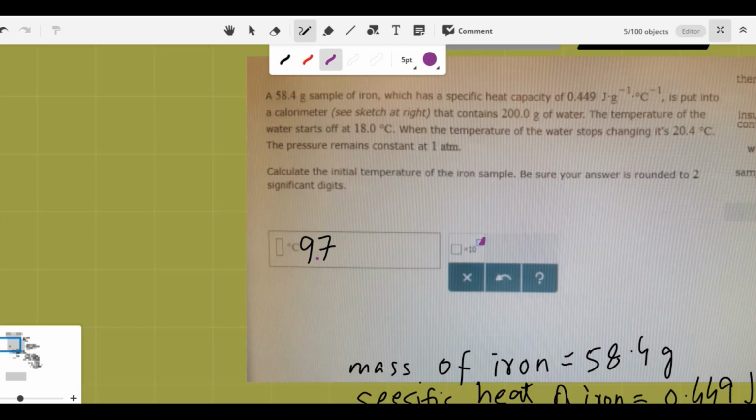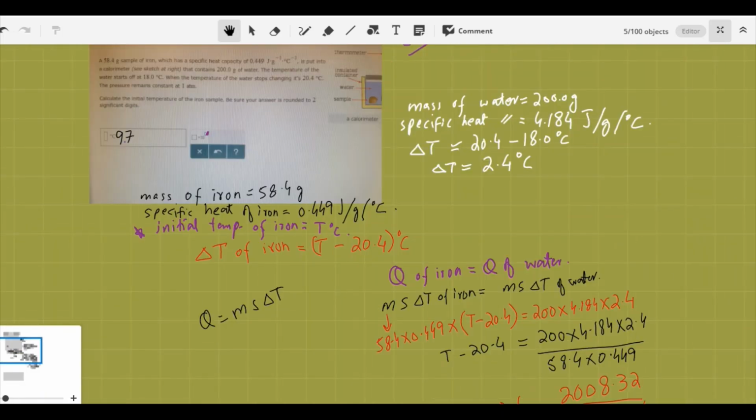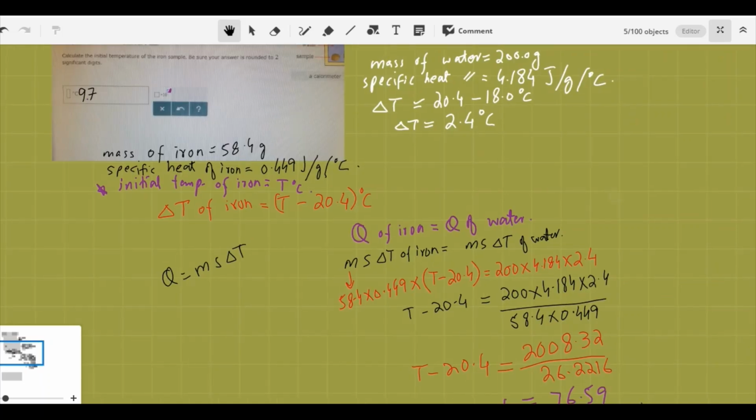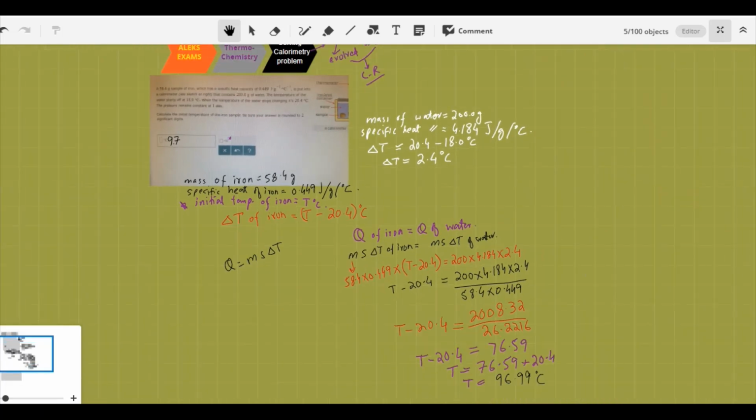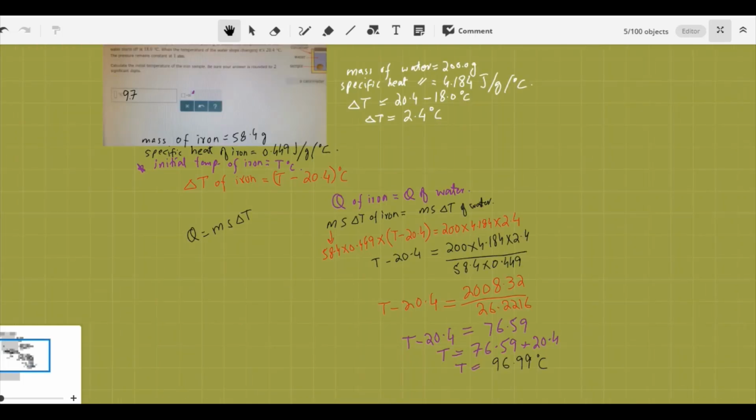That is your answer. You can see the whole one here. Let me show you like this. That is your complete solution of this question.